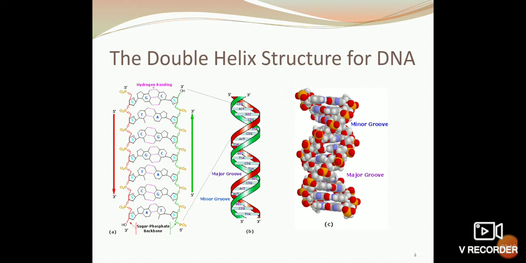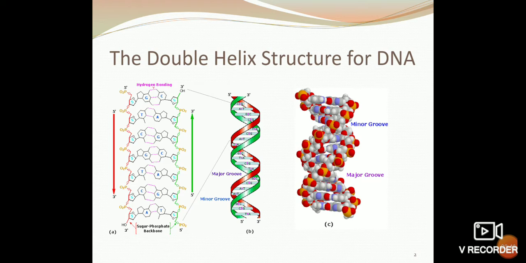We know that DNA has a double helix structure, and here we see three different types of structures exhibiting the double helix of DNA. The first structure, the A structure, is showing the sugar phosphate backbone, with the two chains running in reverse directions.